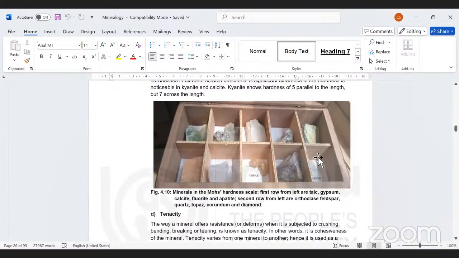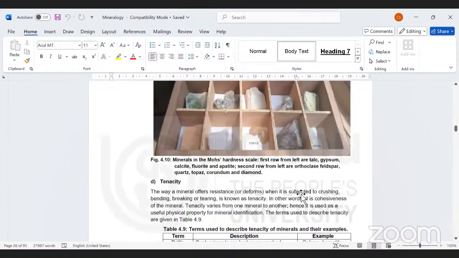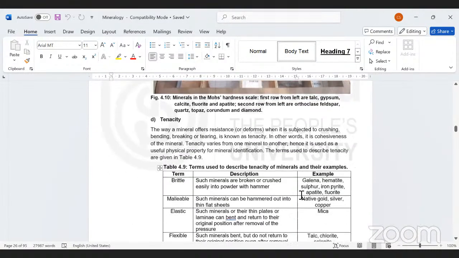You can also see it in a practical class, where you will get a similar box. Madam will explain it to you at that time.